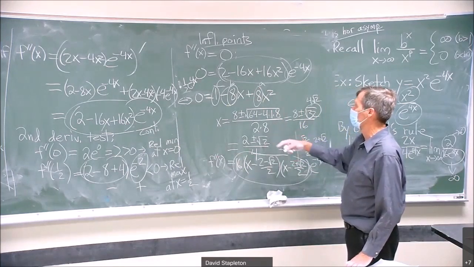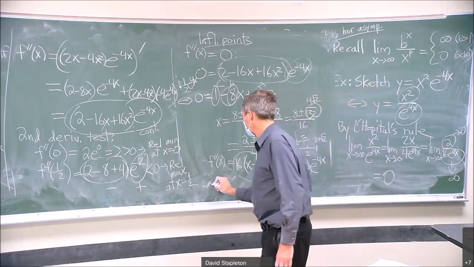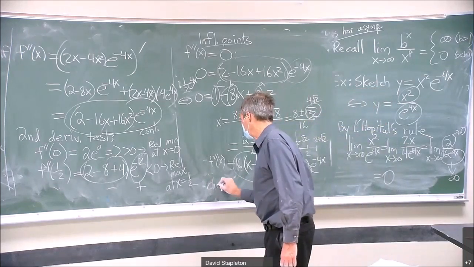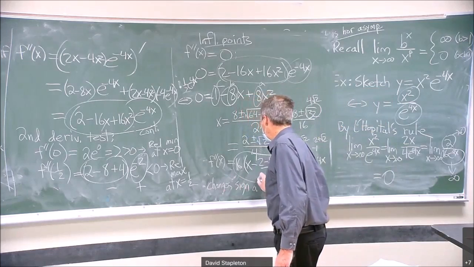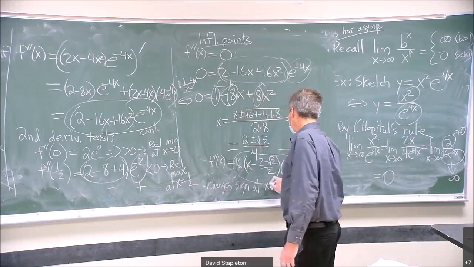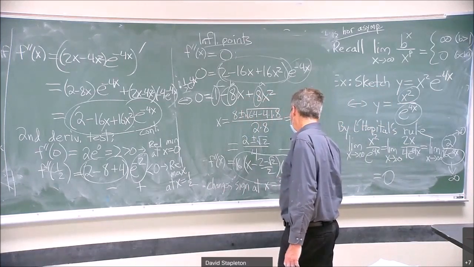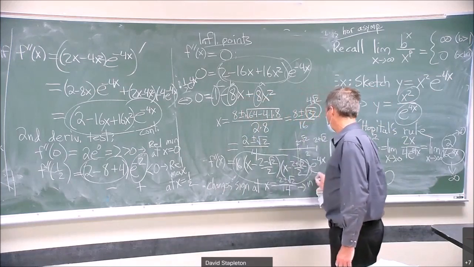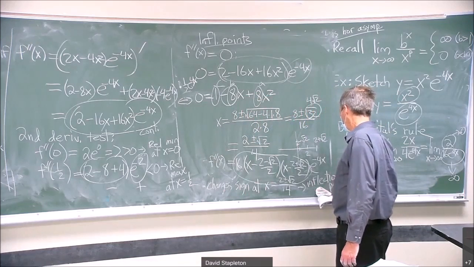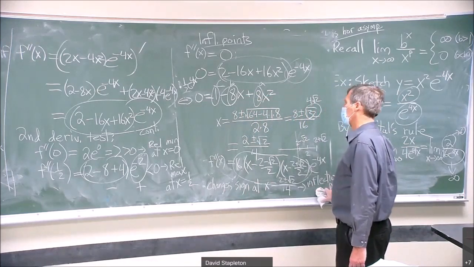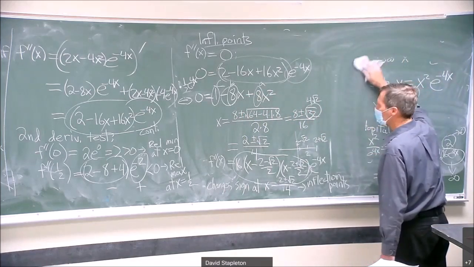You infer that actually the second derivative changes sign, plus to minus or minus to plus, at these two candidates, 2 plus or minus square root 2 over 4. So those are inflection points at those x values. Now we can plug those in just to see what the function is. It wouldn't be such a bad idea, but it's a little bit of work.